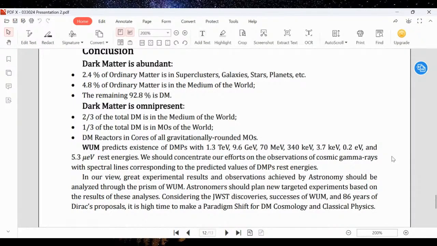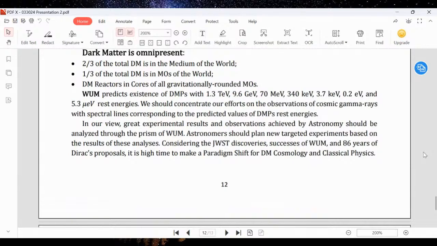We should concentrate our efforts on the observations of cosmic gamma rays with spectral lines corresponding to the predicted values of dark matter particles' rest energies. In our view, great experimental results and observations achieved by astronomy should be analyzed through the prism of Wurm.